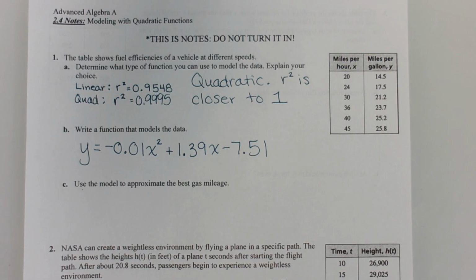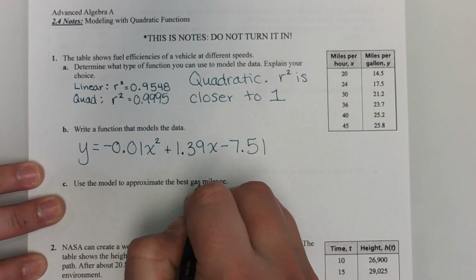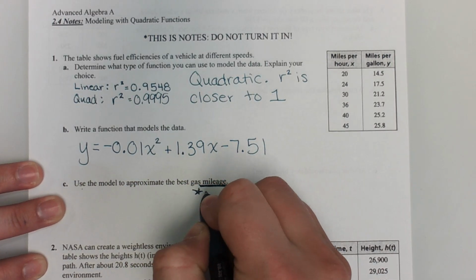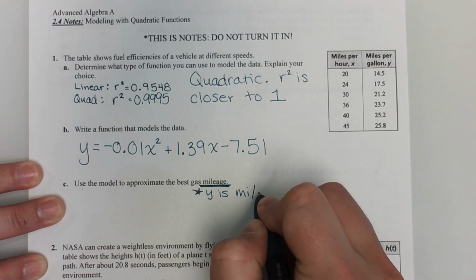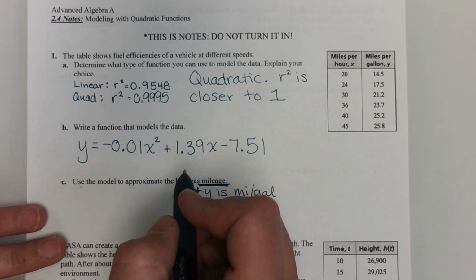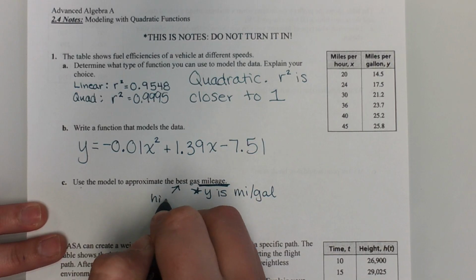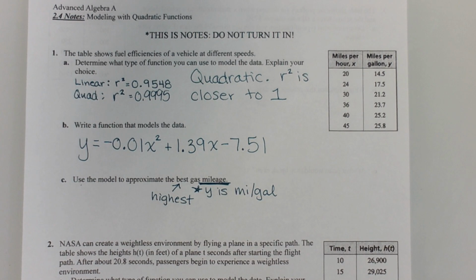Gas mileage, so that's just a little note to myself that the y is the miles per gallon. I want it to be the best, so I want it to be the highest possible amount. In other words, I'm looking for the highest y value.